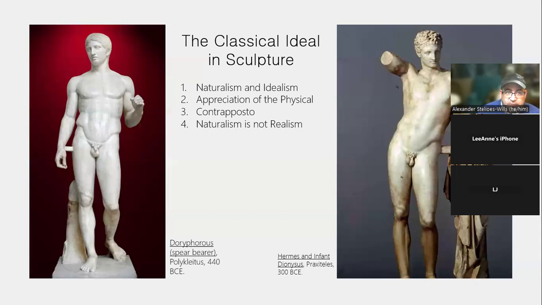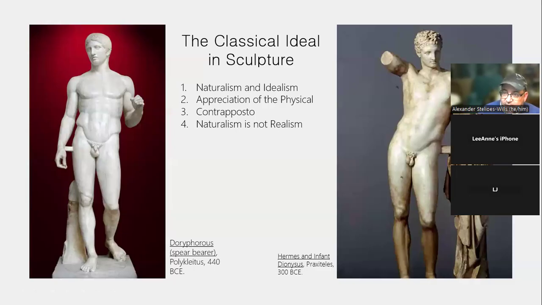They didn't want to make a sculpture, whether it was the spear bearer, just a classical ideal of someone wielding a spear, or a sculpture of a god, like this one of Hermes, that read like an actual portrait of a person.